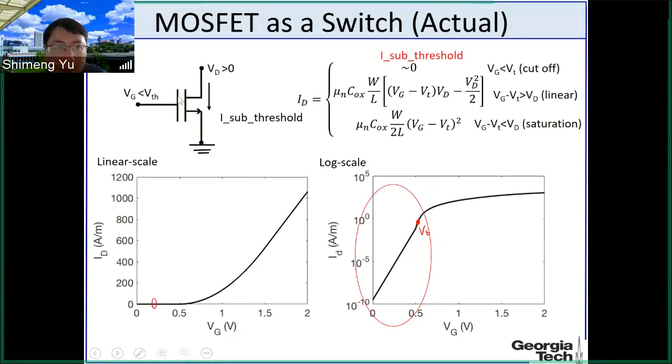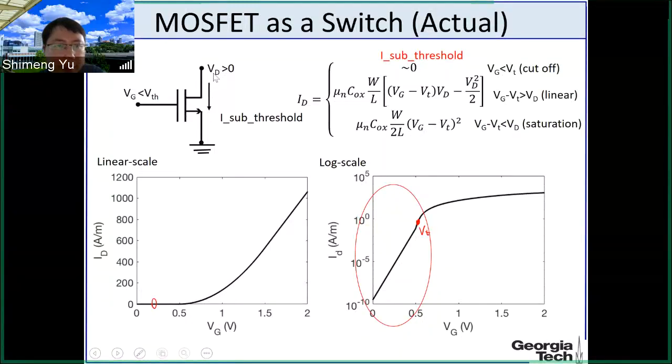And if you look at the bias condition for the transistor in this case, first of all, the gate voltage is smaller than the threshold, so that's why it's subthreshold. But still you need to apply the drain voltage. Drain voltage is larger than 0 to get the subthreshold current. If the drain voltage is 0, then the current is 0. There's no question about that, because if drain voltage is 0, then source and drain are at equal potential, so there's no reason for current to flow.